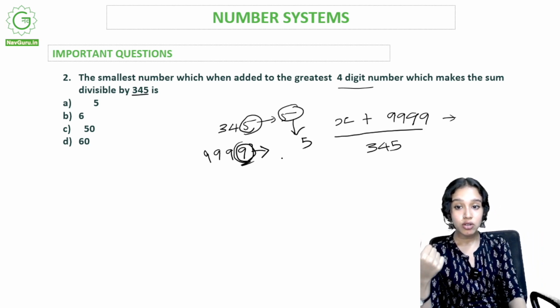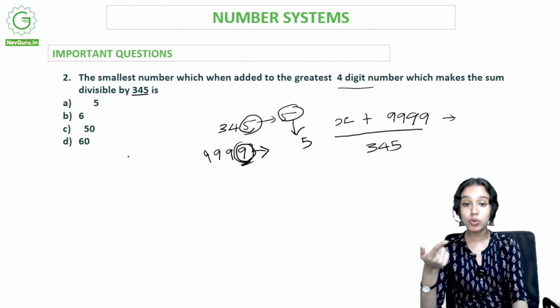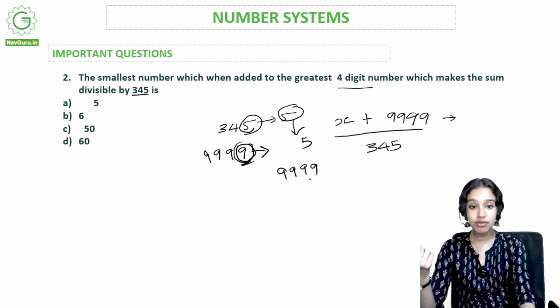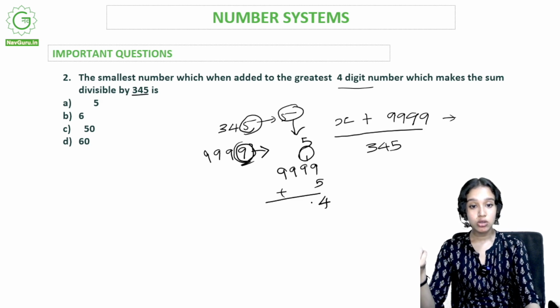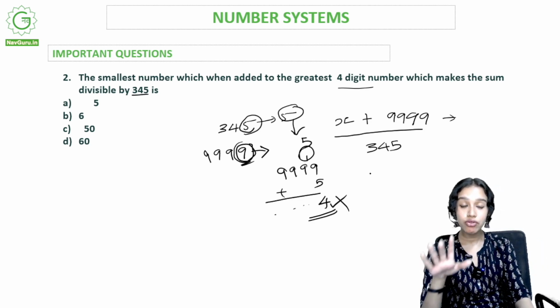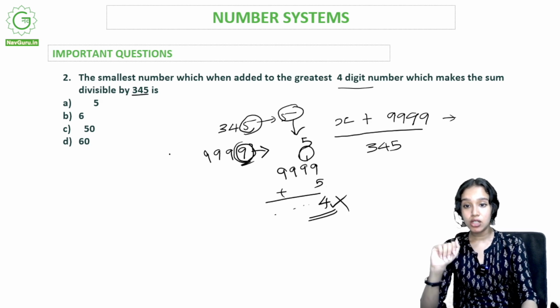We could add 1, but is that in the options? No. So what happens if we add 5 to it? 9 plus 5 is 14. So the final digit is 4, which is not a multiple of 5. And we need a multiple of 5 to be in this place. So we try adding 6 to it.